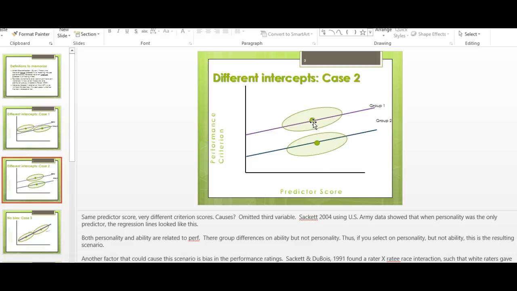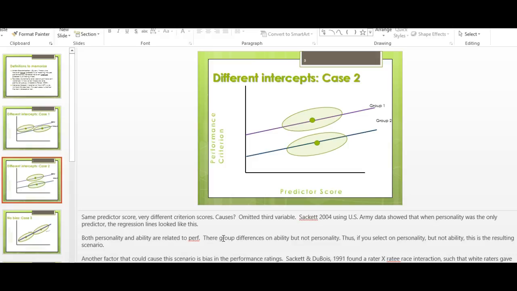So they saw no group differences on personality, but because cognitive ability drives performance apparently in those particular positions, that's why this gap occurred between the groups, because they would have scored on this cognitive ability test differently, and that was predicting performance.